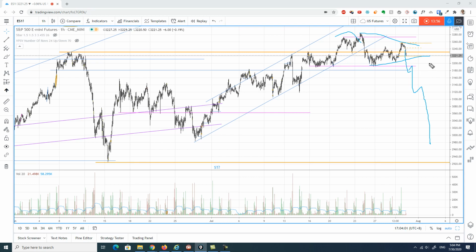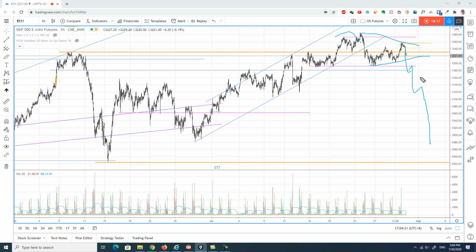So far I'm neutral for day trading, because it hasn't really shown any commitment on either side. Based on the prior trend, I'm still holding my long bias, a bullish bias for the long term.